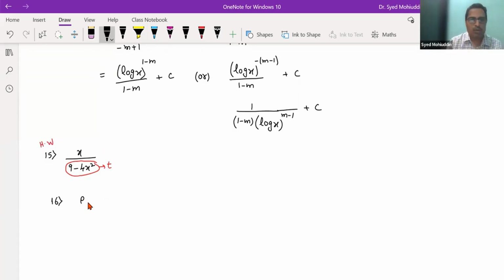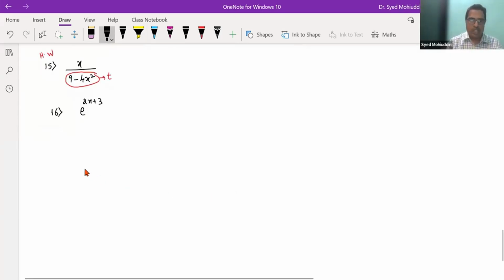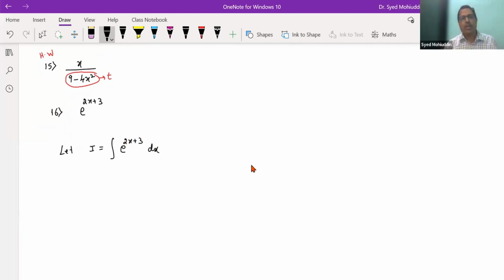It is e power of 2x plus 3. So let us take I is equal to the integral of e power of 2x plus 3 times dx. Always remember, whenever you have an exponential e power, most of the time the power value itself has to be taken as t. So here we'll put 2x plus 3 equal to t.